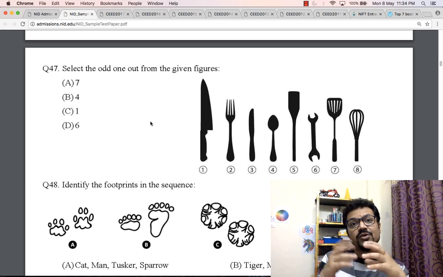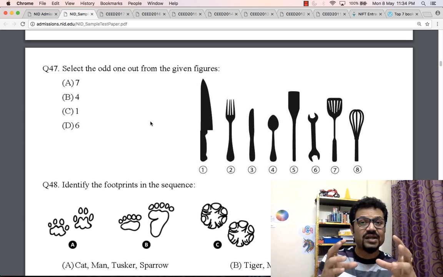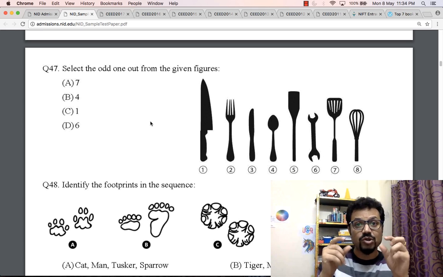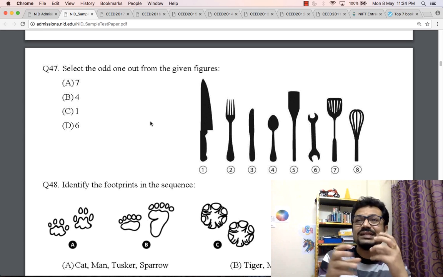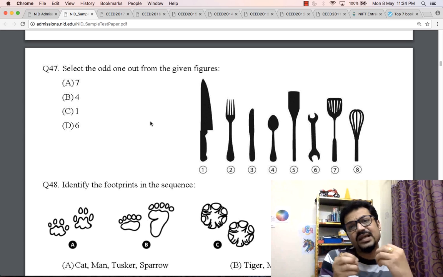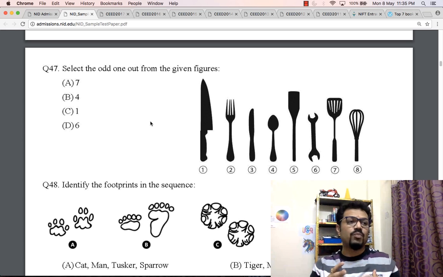For example, if there is a Rubik's cube, there are 3 cross 3 grids and there are a total of 27 small cubes inside that one Rubik's cube, right? So these are the basic observation skills that you need to understand, and this is something that no book can teach you.